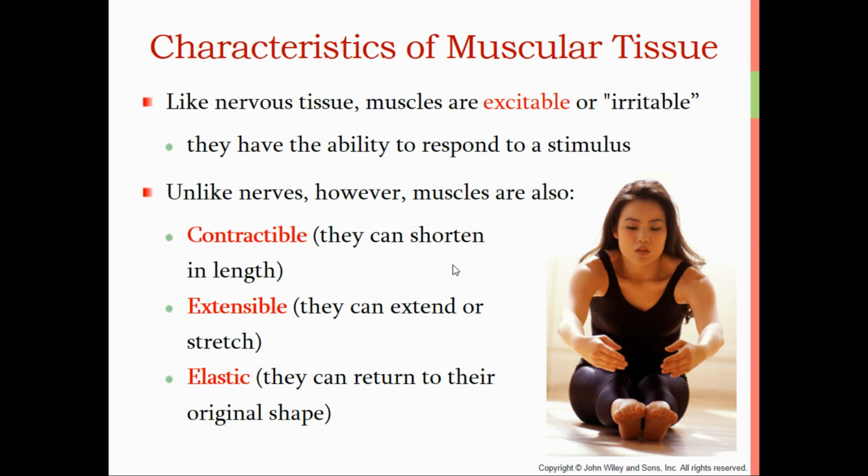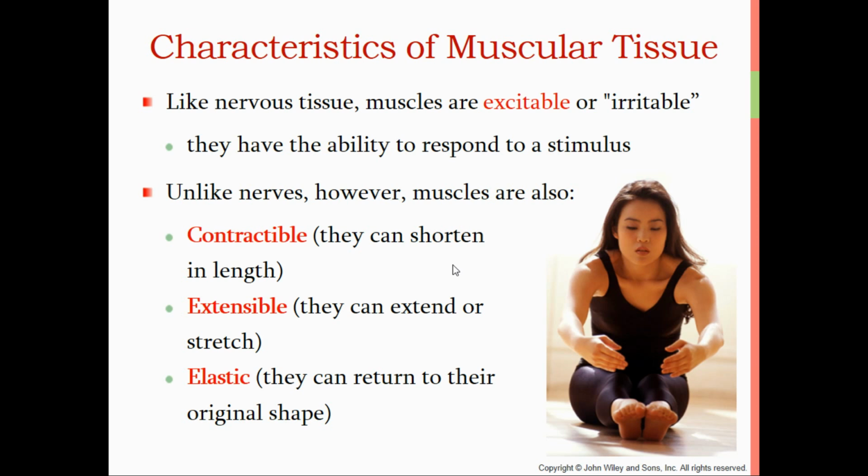Unlike nerves, however, muscles also have the physical characteristic of contractibility, which means they are able to get shorter, which is their job. When they're told to go to work, they get shorter. All muscles will shorten or contract.